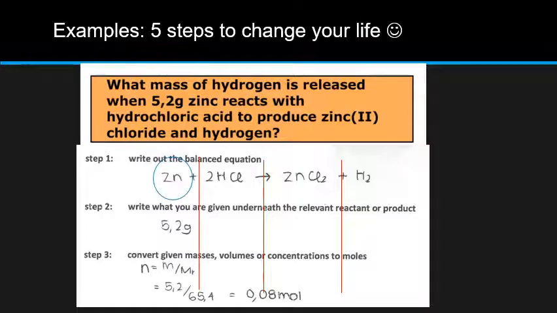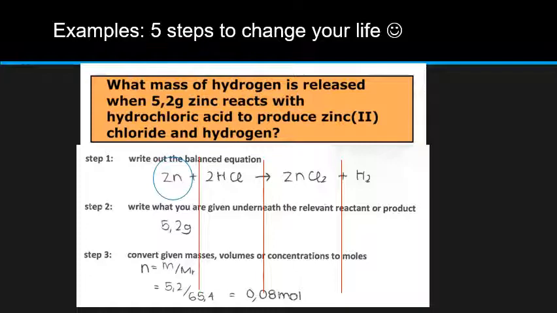In this example that we have here, which is on page 19 of your notes, hopefully you filled in everything else from the previous example. It's asking what mass of hydrogen is released when 5.2 grams zinc reacts with hydrochloric acid to form zinc chloride and hydrogen. So it's asking about the product, guys.